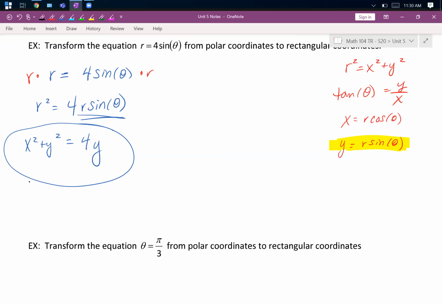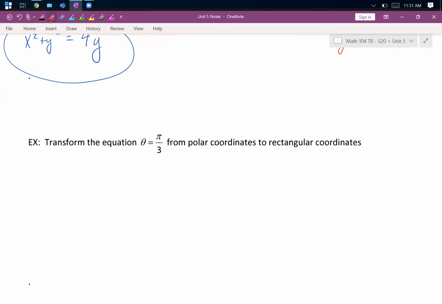Because then I'm going to have two problems. I'd like to just deal with the one problem of theta. We have the equation that says tangent of theta is equal to y over x. We have that theta equals pi over 3.